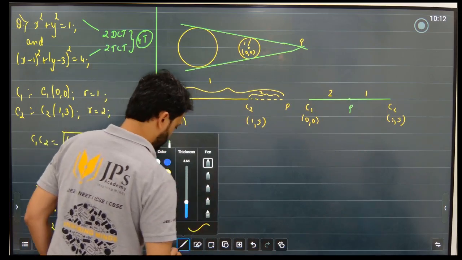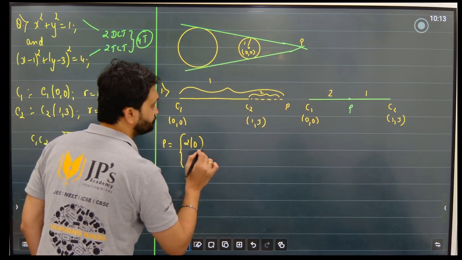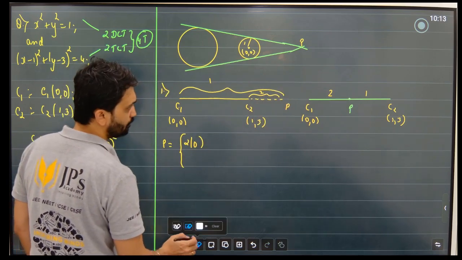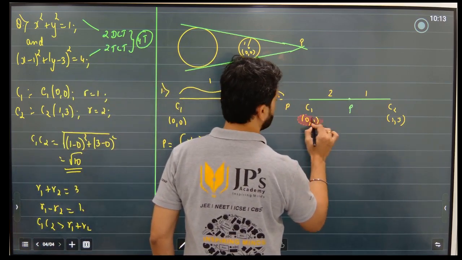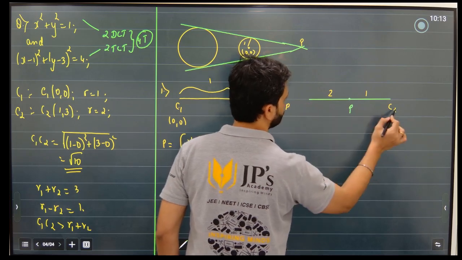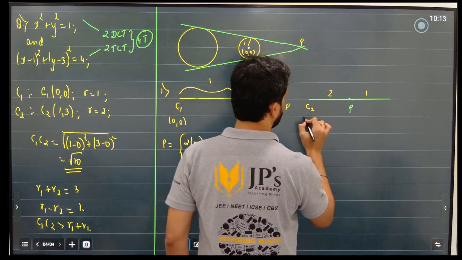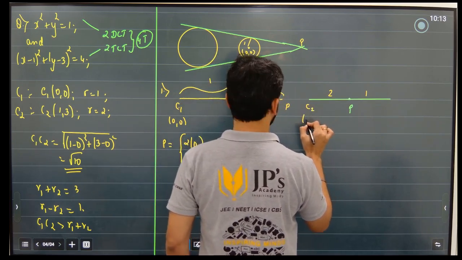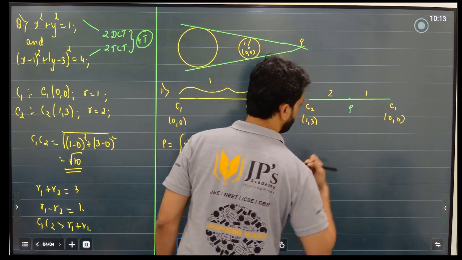Now see this entire thing I've just made it ulta, so this will become, P is outside ना, इसको एक काम करो ऐसा लिखो. C2 is 1,3, C1 is 0,0.